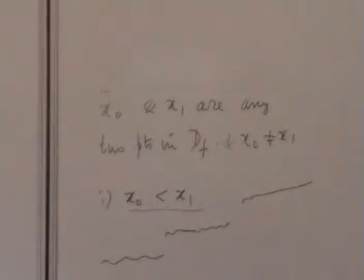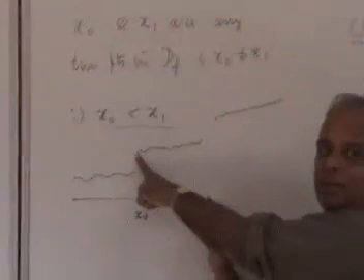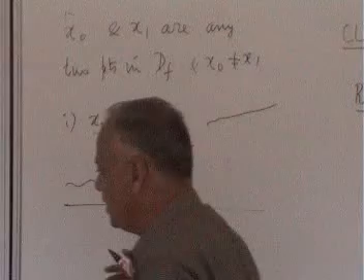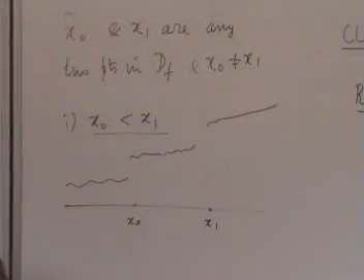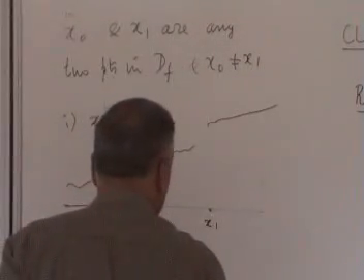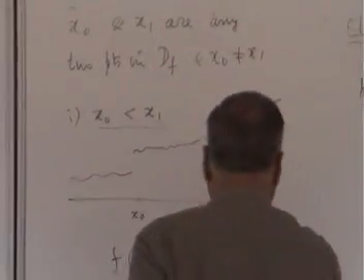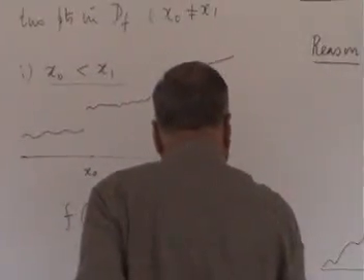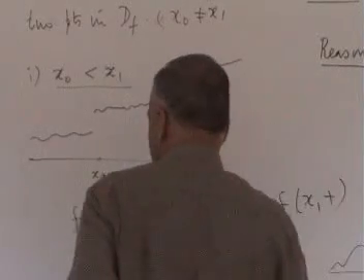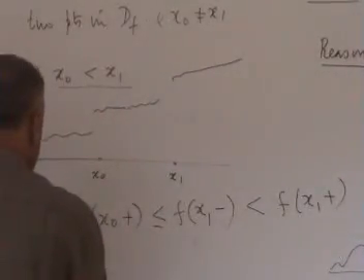The plus limit of this will always be less than or equal to the minus limit of this, because the curve is increasing. I will just write it by picture and tell you. And therefore f x naught plus is less than or equal to f x1 minus, which is strictly less than f x1 plus. This is Rx naught.